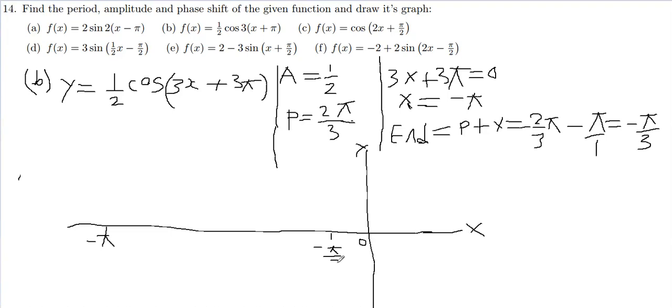Let me just write it properly. So from there, what you can also do is find the midpoint of these two numbers. How do you find the midpoint? You add the two numbers, then you divide them by 2.